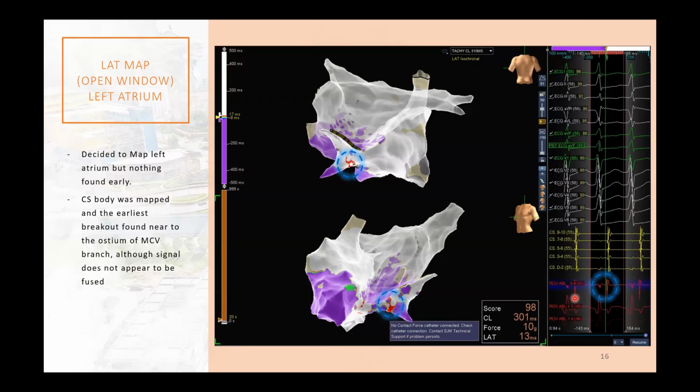May I ask one question? How early was the earliest A compared to the CS proximal? You're looking at the signal right there, mostly A during the PVC, and I think there's no V. How early was it? I don't know how early it could be. You just don't have a hepatic potential.